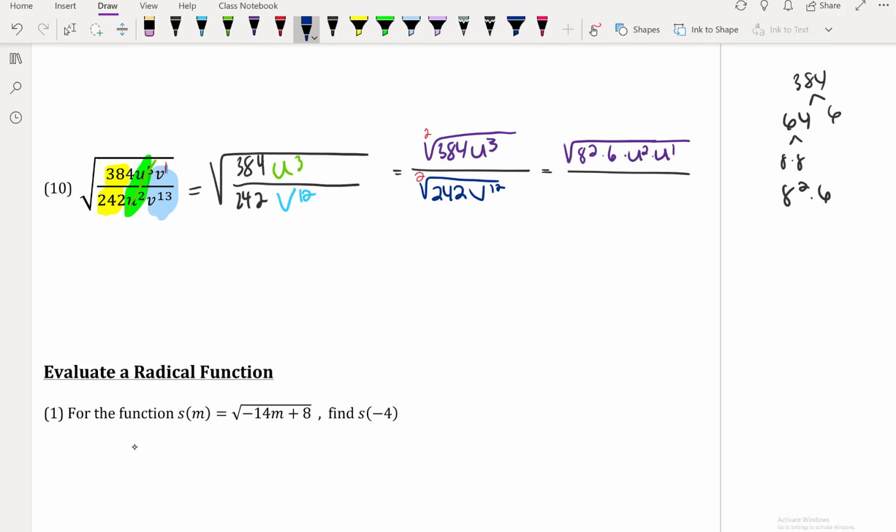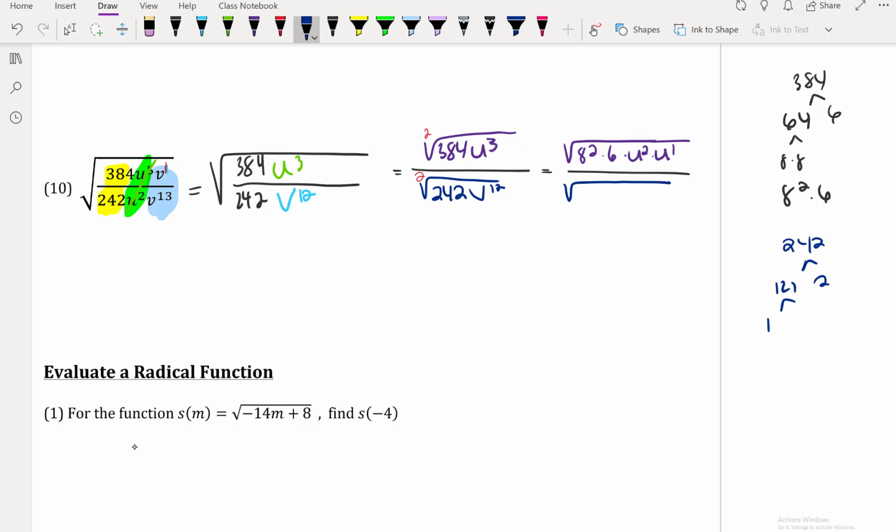Now I'm going to look at my denominator. If I'm looking at my denominator, I have 242. Well, I know that that can be broken down as 121 times 2.